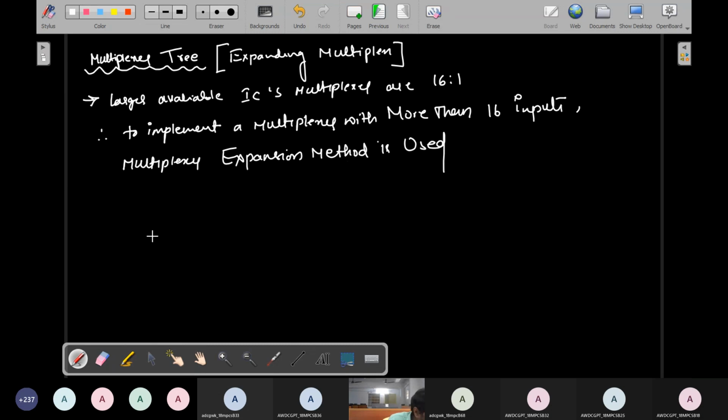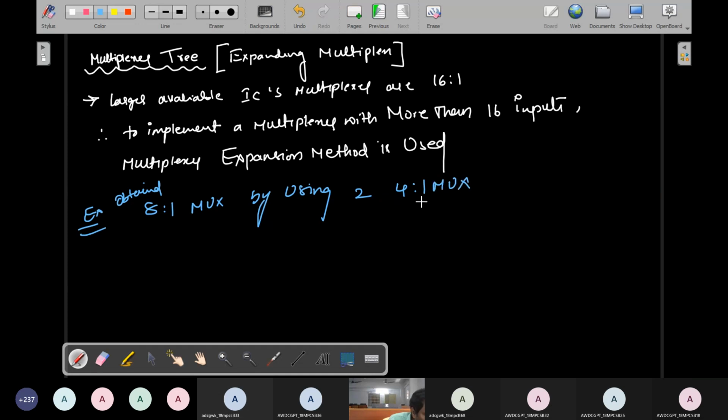I will take one example. I obtain an 8:1 mux by using two 4:1 muxes.